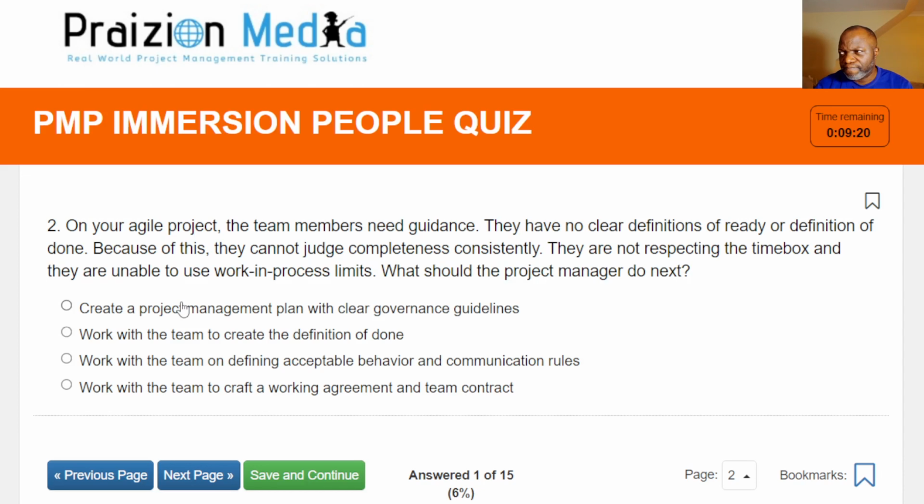Number 2, it reads, on your Agile project, the team members need guidance. They have no clear definitions of ready or definition of done. Because of this, they cannot judge completeness consistently. They are not respecting the time box, and they are unable to use work in process limits. What should the project manager do next?